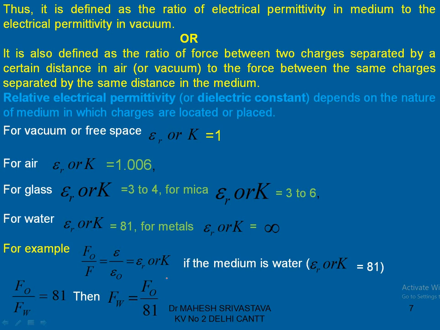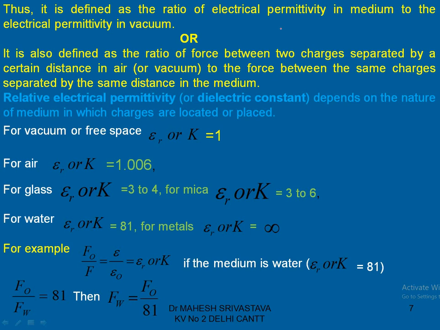Thus we can define relative electrical permittivity or dielectric constant in terms of electrical permittivity and in terms of force. First, in terms of electrical permittivity, it is defined as the ratio of the electrical permittivity in the medium to the electrical permittivity in vacuum, that is epsilon upon epsilon naught.